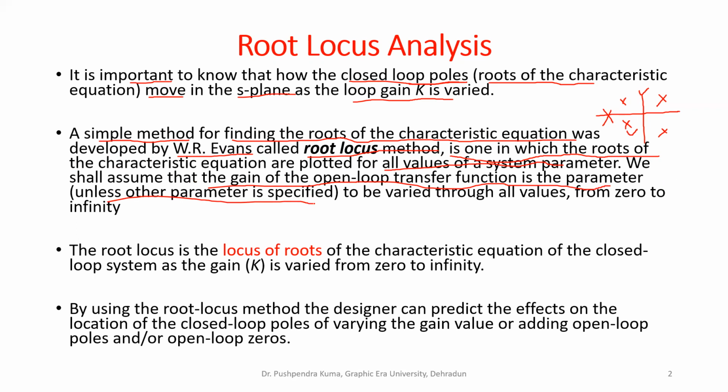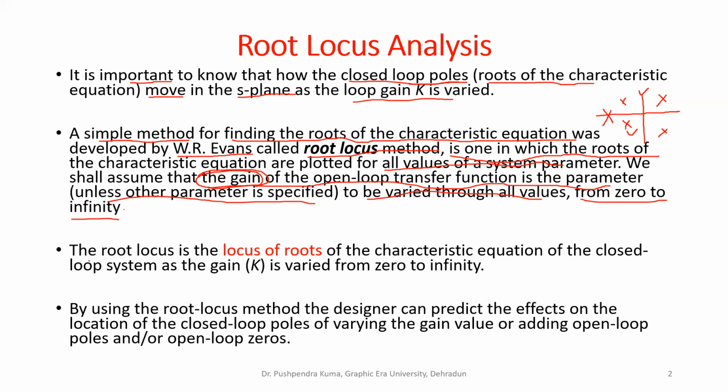If it says that you have to vary a particular parameter, then you have to take that into consideration. Otherwise, if nothing is specified, then generally we vary the gain, through all values from 0 to infinity.